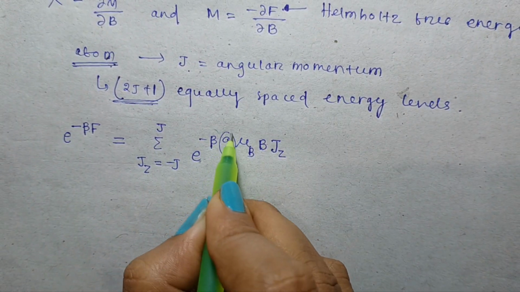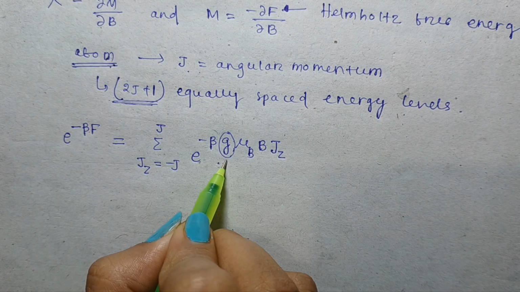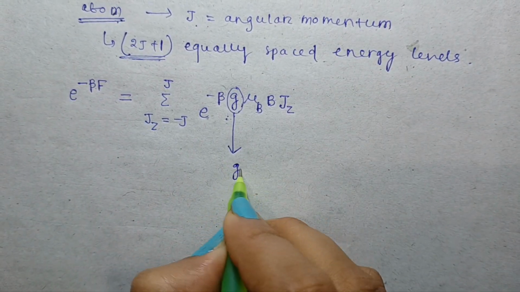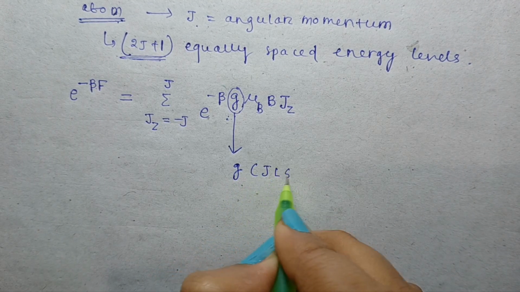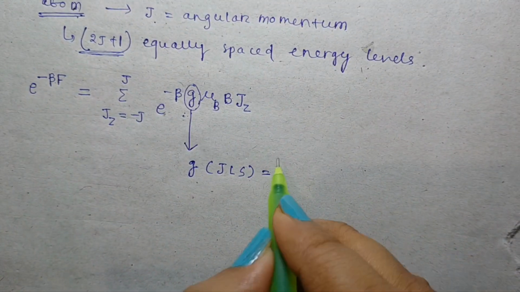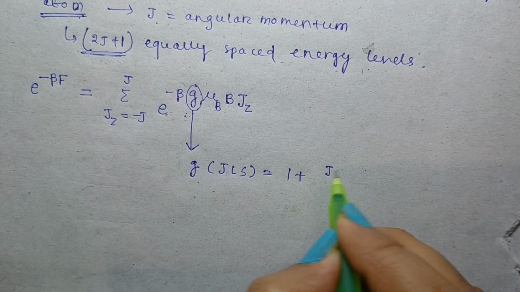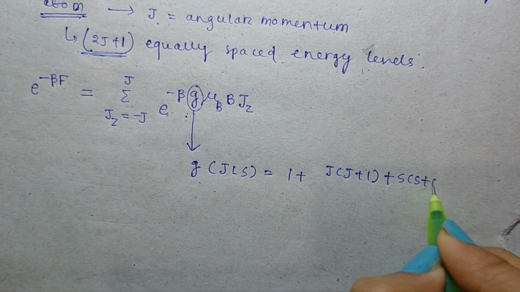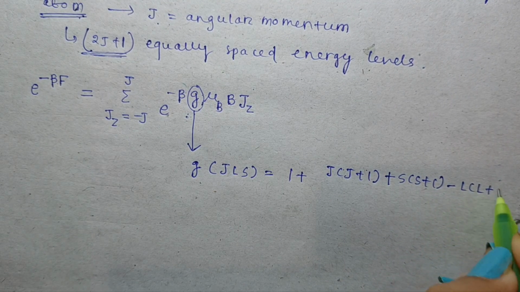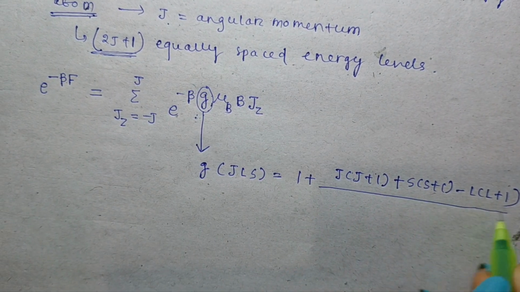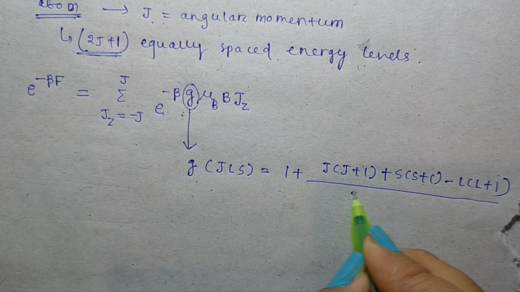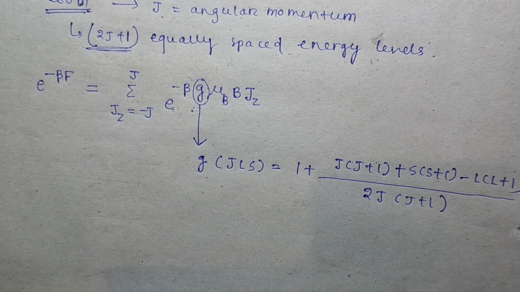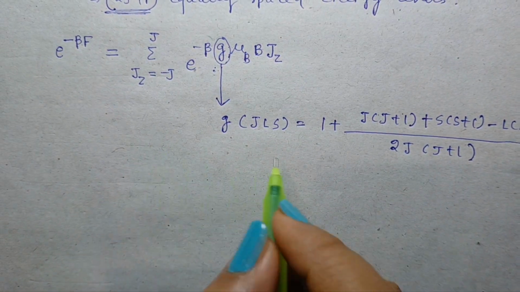Here g is the g factor, defined as g(J,L,S), and that is equal to 1 plus [J(J+1) plus S(S+1) minus L(L+1)] divided by 2J(J+1).